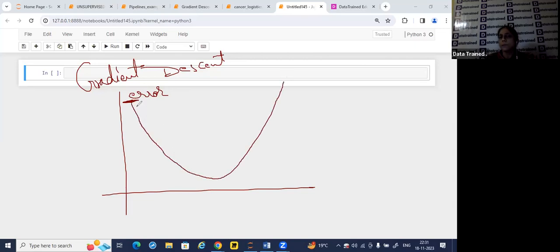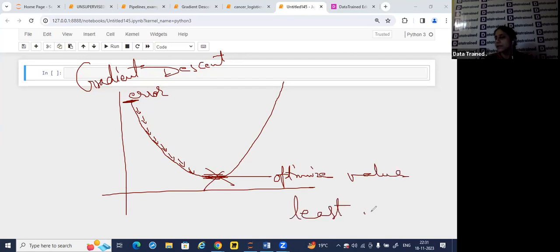The error is minimized by the gradient by adjusting the parameter learning rate, the optimized learning rate, so that here it could reach the optimized value. The optimized value is the least error value.